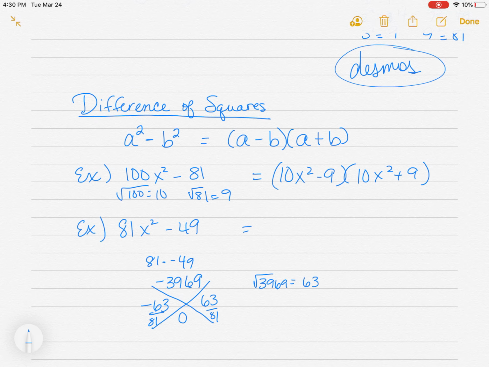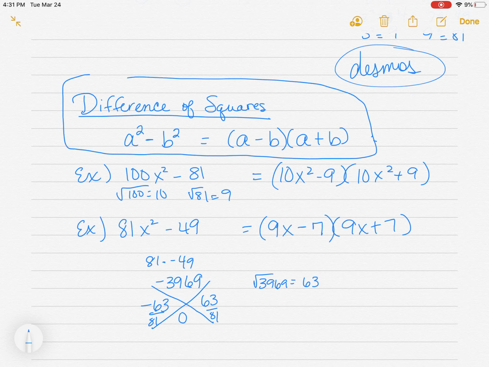Turns out that it's a whole lot easier just to say the square root of 81 is 9. That's 9x. The square root of 49 is 7. So 9x minus 7, 9x plus 7. Okay? So yes, you can do the difference of squares with the X method, traditional factoring. But if you remember this nice little pattern, it is definitely handy dandy.